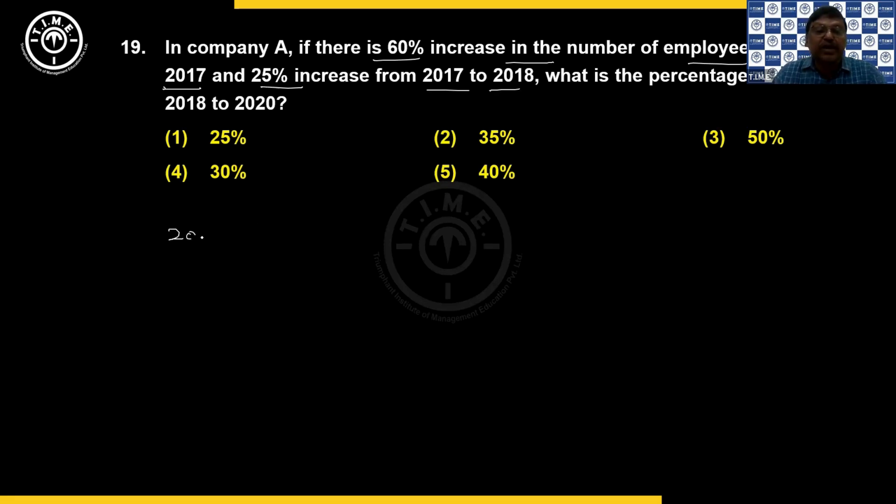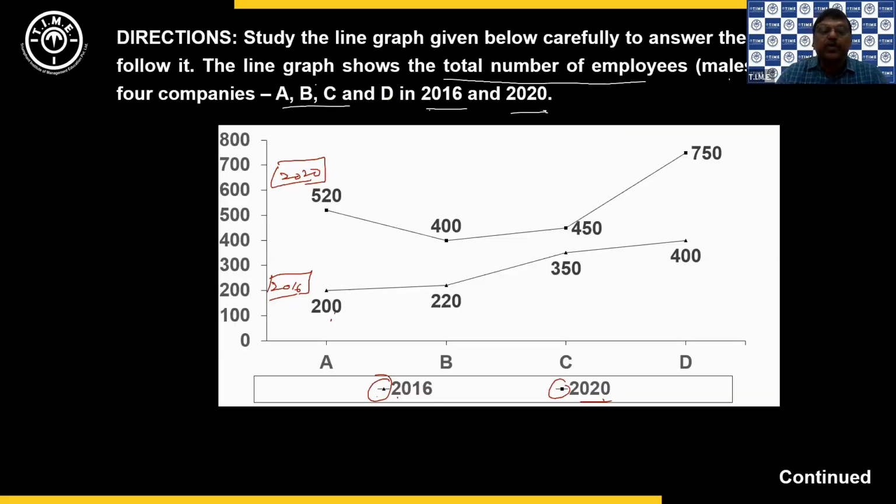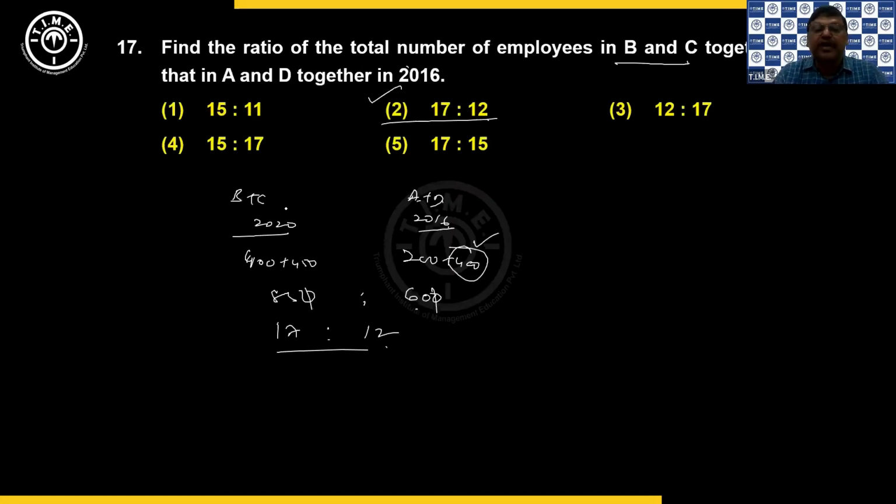See, students, in 2016 the number of employees in A is 200, and in 2020 it is 520. Am I right? Let's confirm once again. 200, 520. You can see 2016 it is 200, 2020 it is 520.